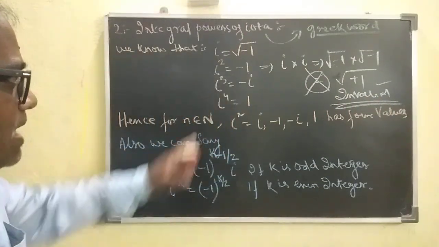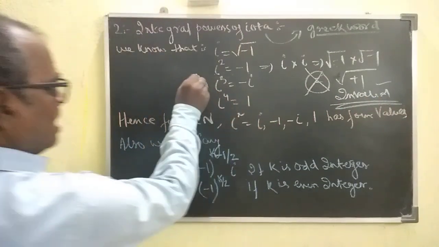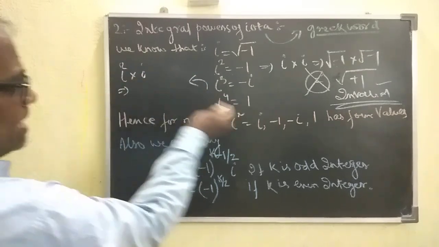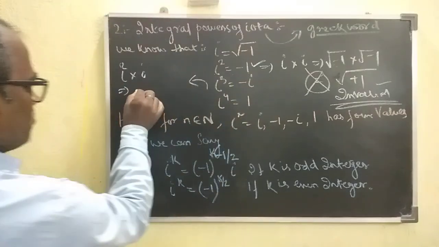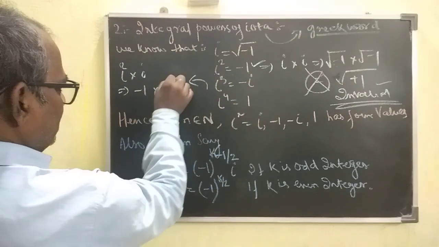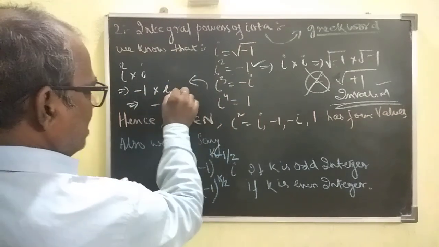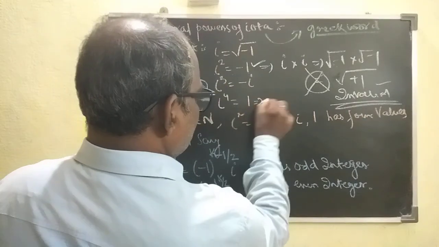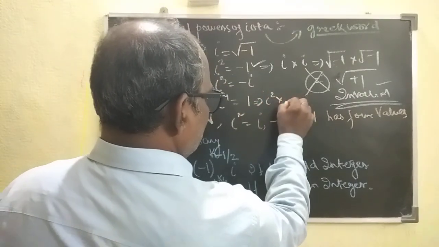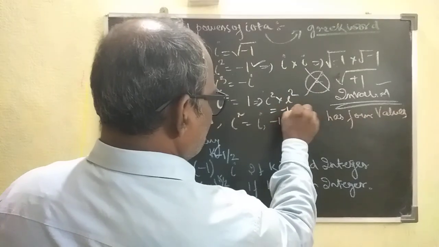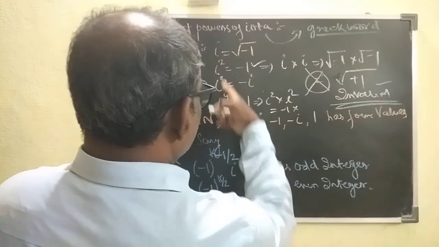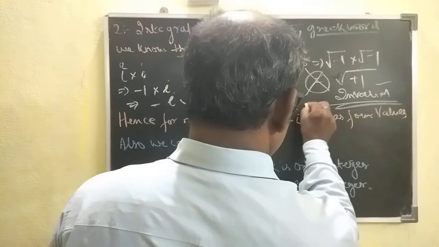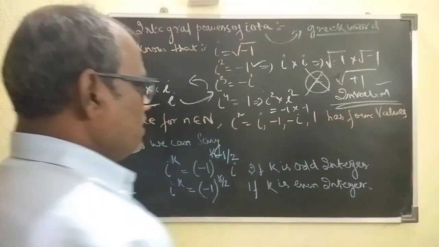So finally we can get i cubed. That means i cubed we can write as i squared into i. So what is i squared? i squared is -1, so we can write -1 into i, which implies -i. In the same way, i to the power 4 can be written as i squared into i squared, which is -1 into -1, that is equal to +1.